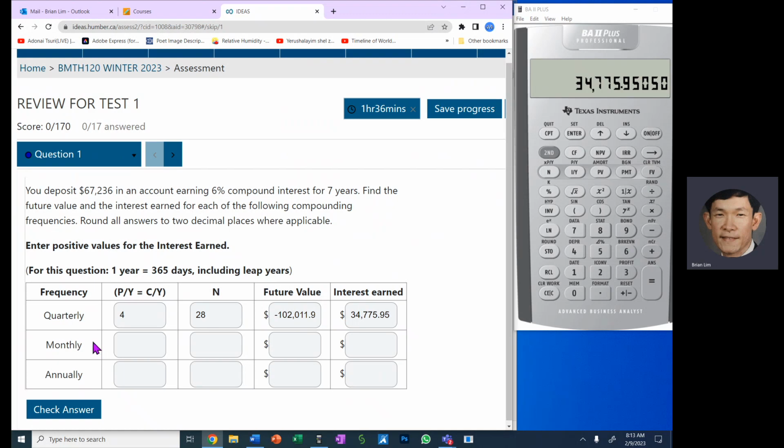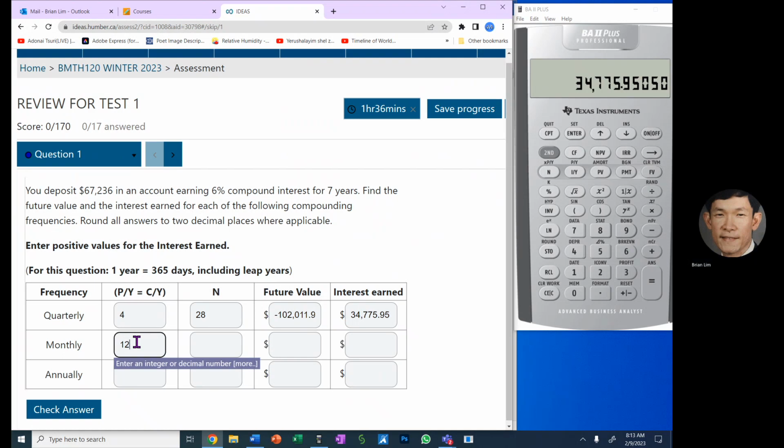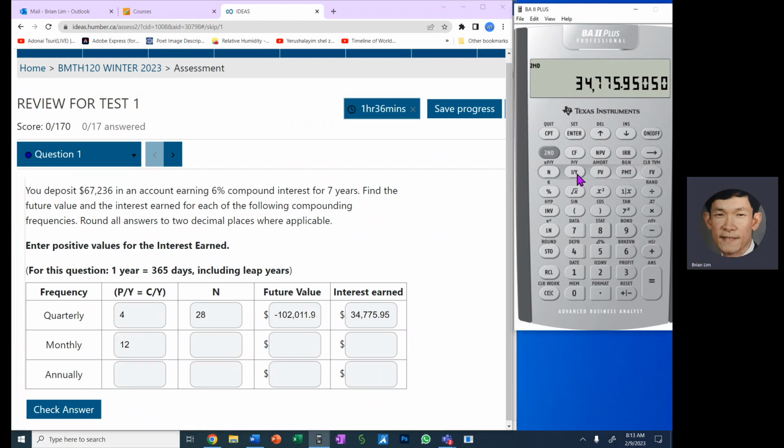The second one is monthly. So if it's monthly, then PY would equal CY, which would be equal to 12. Okay, so we go back and we'll put PY equals CY is equal to 12. So 12, enter for PY, and that would be the same value for CY. Now we can quit by clicking on this button at the bottom there. It gets rid of the menu.